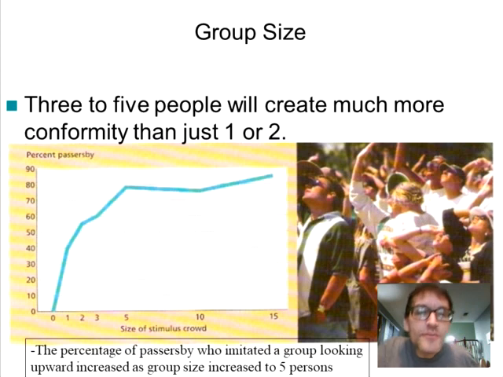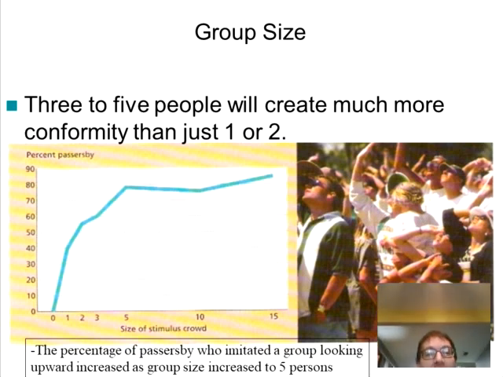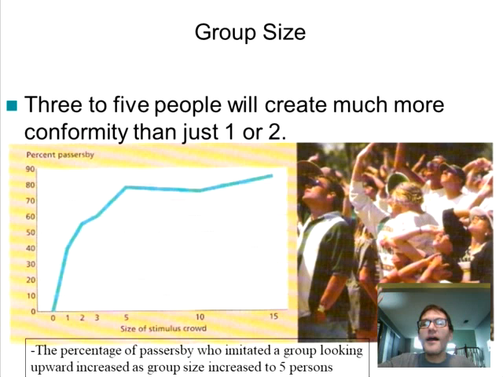As we can see in this image on the left side here, I believe there were people just looking up, and the question was, would a passerby look up if others were looking up? What happened was that if there were 0 people looking up, nobody looked up. Okay, that's great.